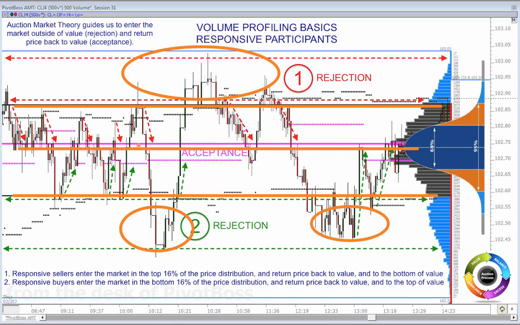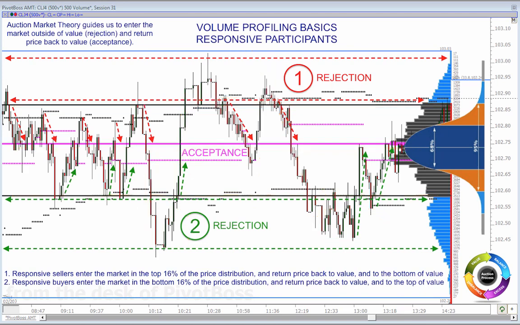A tennis ball is coming from acceptance to you at rejection, and you smack it with your tennis racket back to acceptance and then back to the other side of value. And when price comes up to you again, you smack it with your racket and you drop it back to the other side. That's being a responsive participant in the auction process.